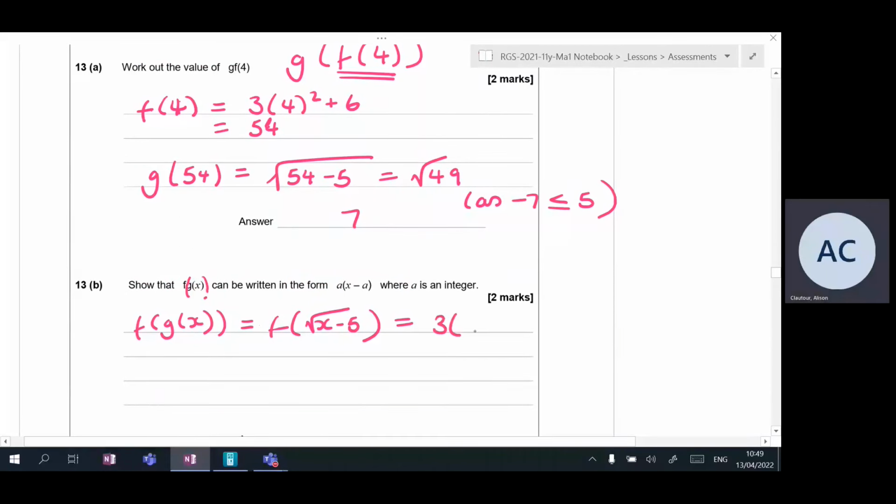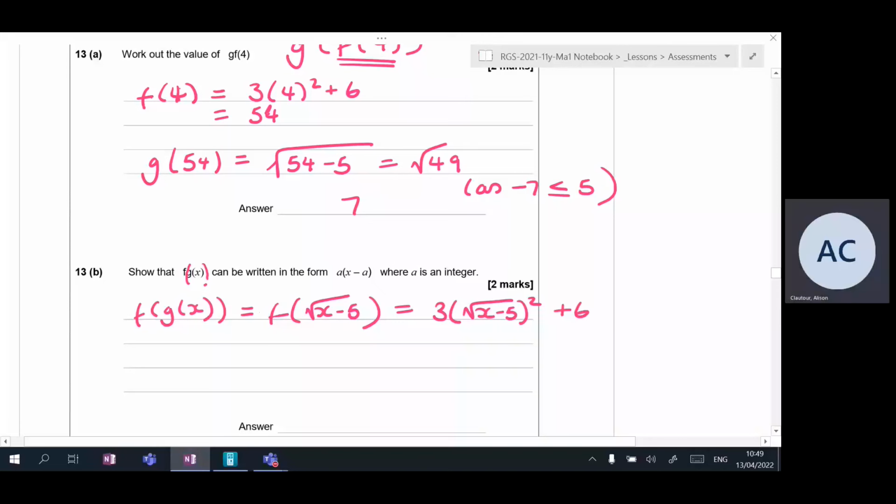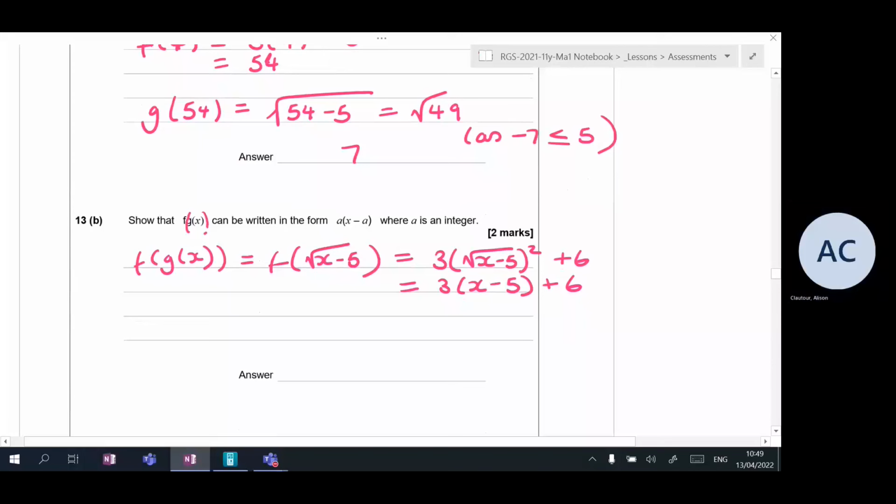So every time we see an X, we're going to replace it with root X minus 5. So 3 lots of root X minus 5 squared plus 6. Now, obviously, if you're square rooting and squaring, that actually cancels it out. So it's just 3 times X minus 5 plus 6.